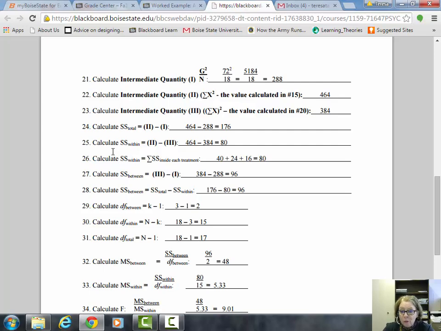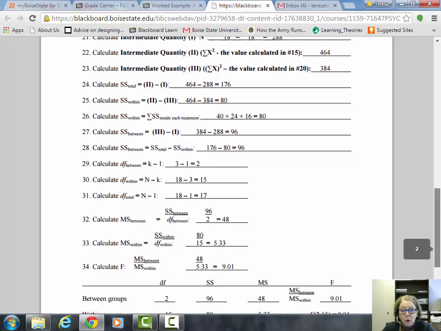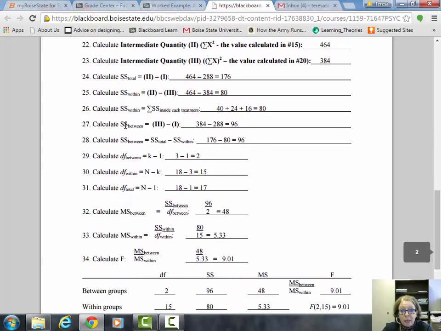Again, it just depends upon the data that you have available. Notice that there are also 2 possible ways to calculate SS between. If you had all the intermediate quantities available, then you would subtract one from the other, just like you learned in the first worked example. But if you didn't have intermediate 3, you could still get there.